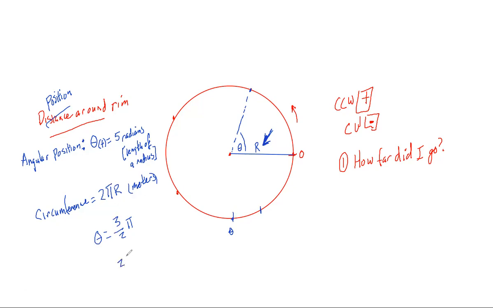So if the circumference is 2 pi r, I'm going to multiply that by some fraction of it, which is really just this out of 2 pi.